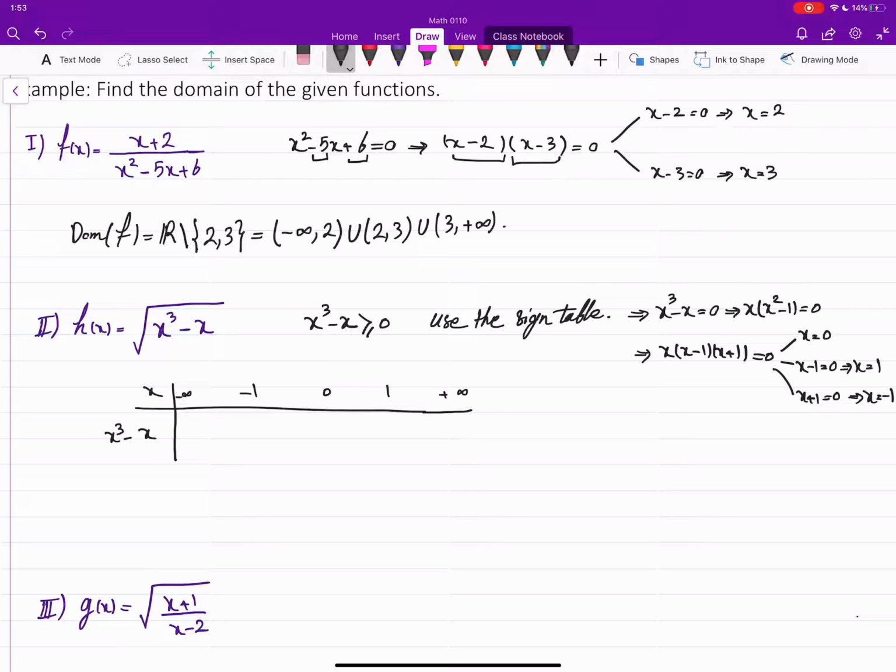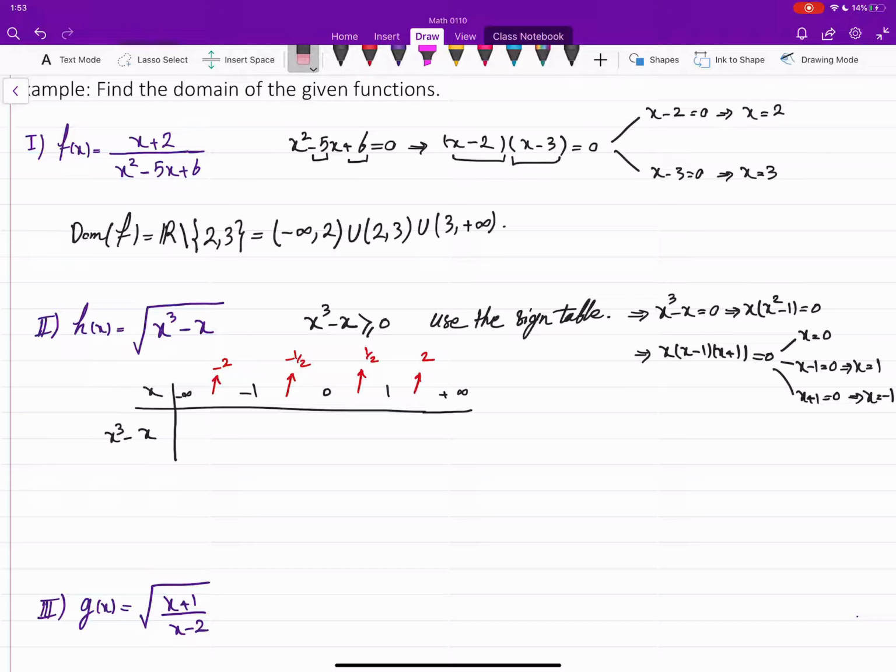And then choose test values. Here I can put -2, negative 1 over 2, 1 over 2, and 2. And then compute the values of the function at those points.